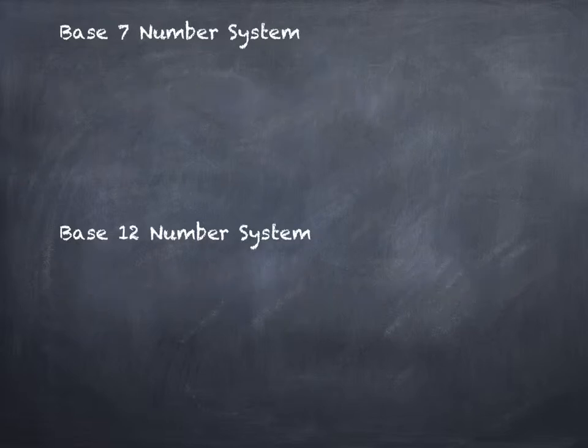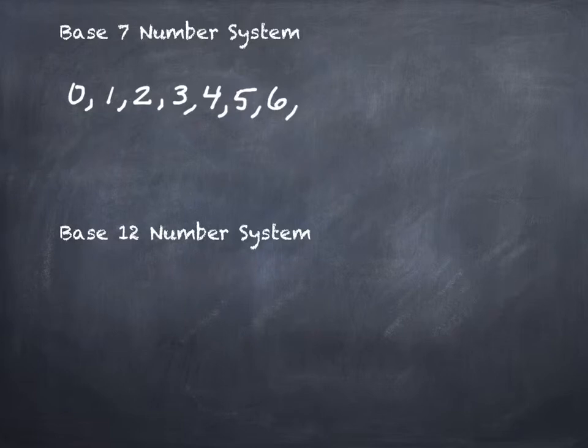Let's do base 7 and base 12, and then we're going to talk about a couple of other number systems that you're familiar with but probably aren't aware that you're familiar with. So let's do base 7 first. What do we start with? 0. And what's our last numeral? A 6. So are there 7s in base 7? No. Once I get to 6, I run out because I've got 7 numerals there already.